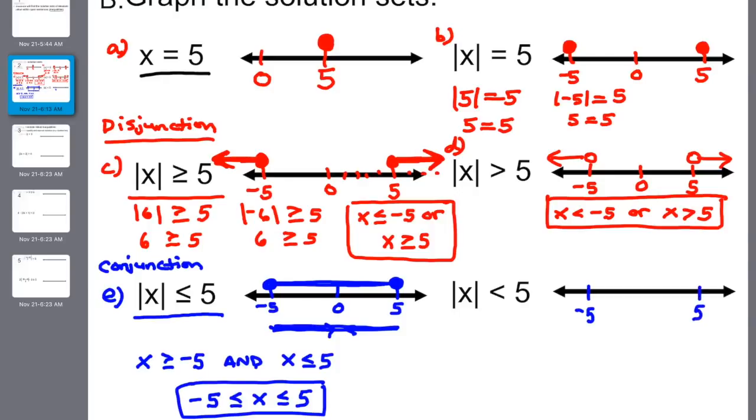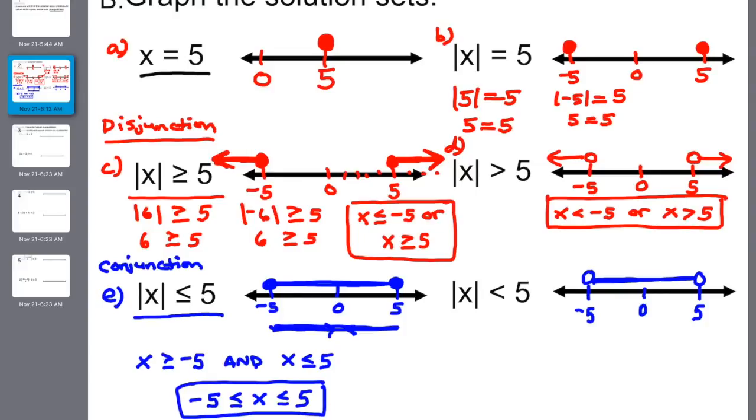So let's put those boundary points back on here, but this time we're not going to include them. We're going to have open circles. I'll put 0 on there too, just because we're talking about the distance from 0. And we're going to say here that in between, these are all the values that are less than 5 units from 0.